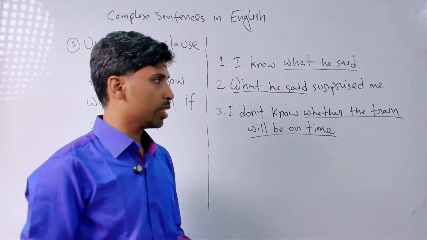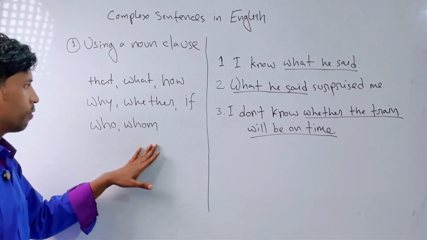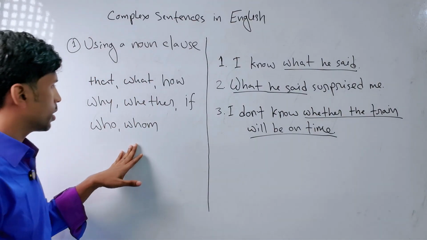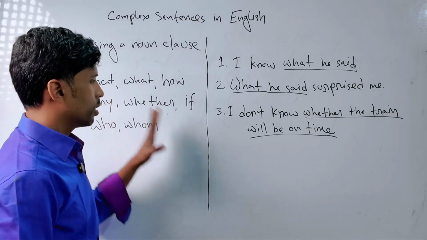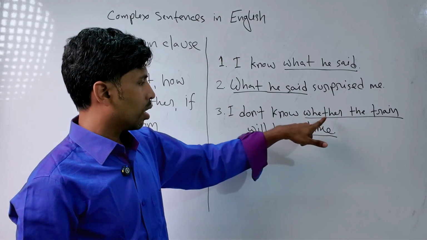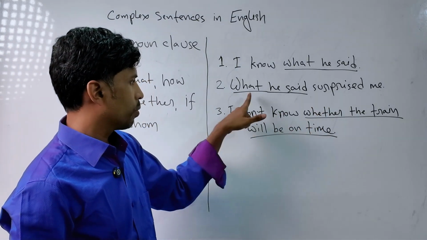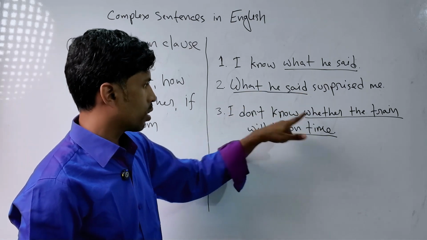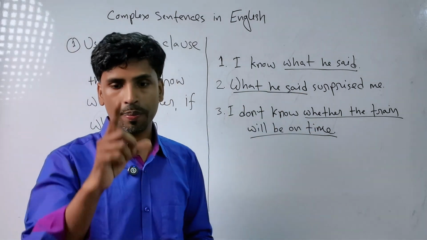Okay, so the signal words that I mentioned here on the left hand side, you can see some of these signal words pop up here. For example, whether, and then we have what, and then what, whether. These are signal words. Okay.